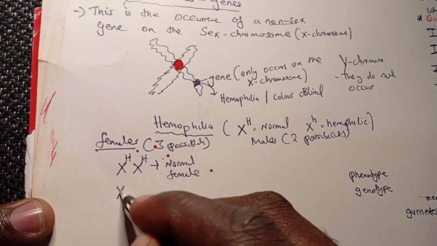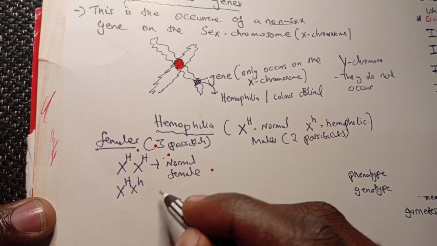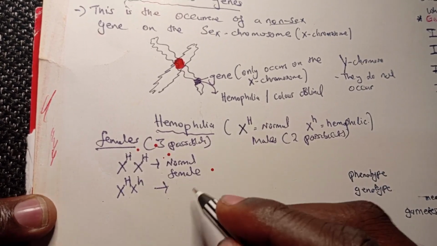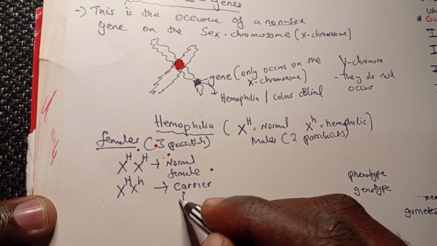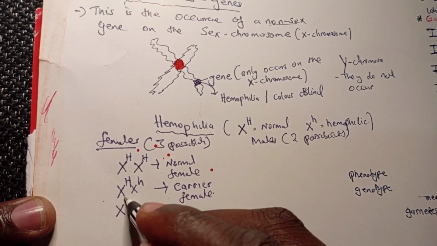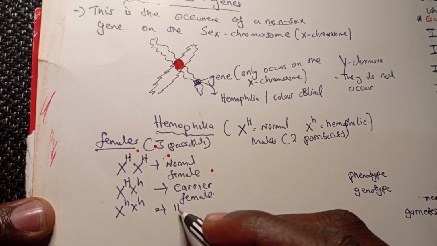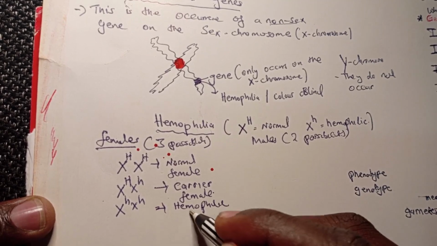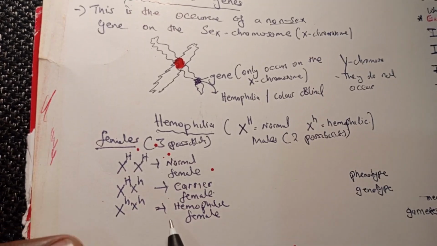But if they inherit one normal and one hemophilic, they are not hemophilic, but since they are carrying the gene for hemophilia, we call them carriers. This is a carrier female. And if they inherit hemophilic on both, this is a hemophilic female. So these are the three possibilities I was talking about.